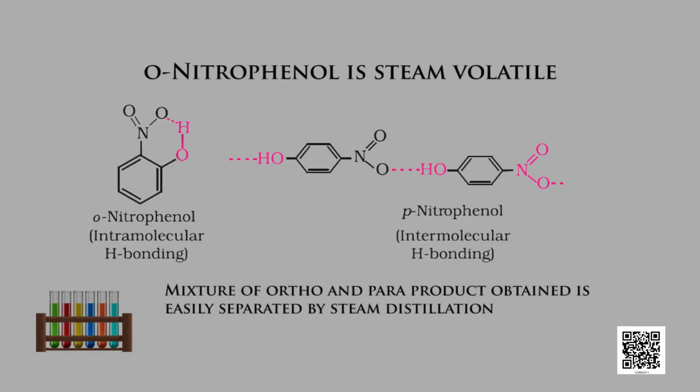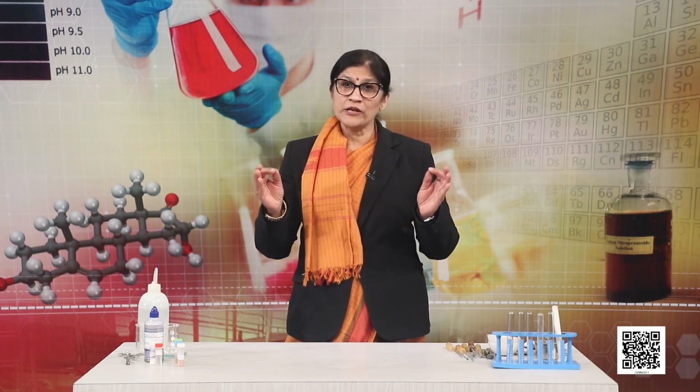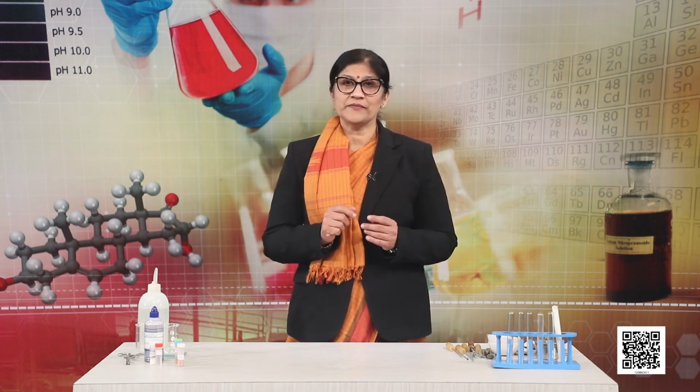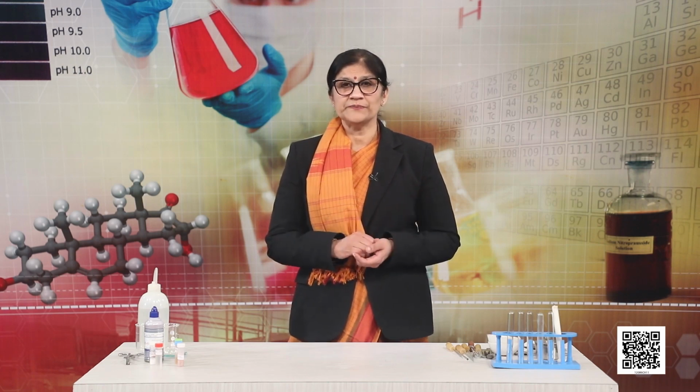The orthonitrophenol is steam volatile due to the intramolecular hydrogen bonding, while paranitrophenol is less volatile due to the intermolecular hydrogen bonds, because there are so many para-nitrophenol molecules that get linked to each other. This causes association of the molecules.